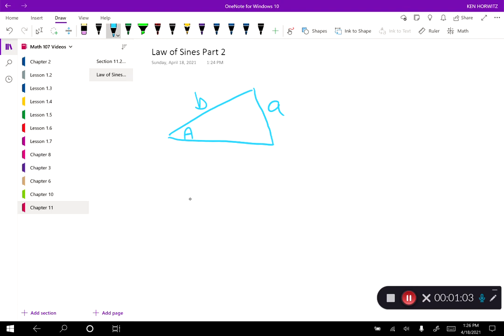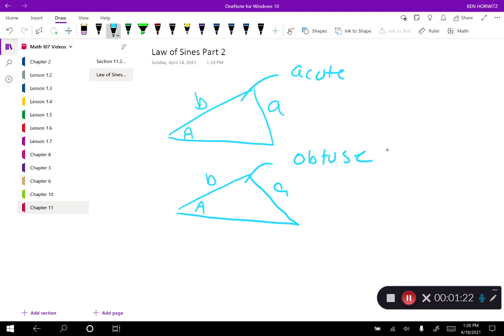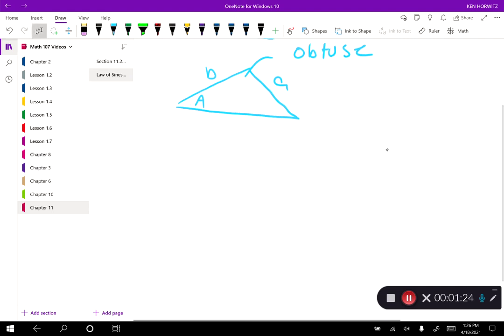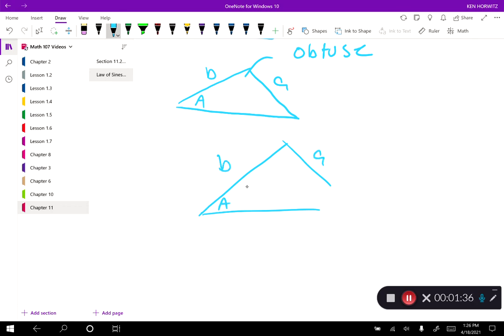Could have a triangle like that. We could have one with an acute angle. We could have one with an obtuse angle. Or we could potentially have not a triangle at all.